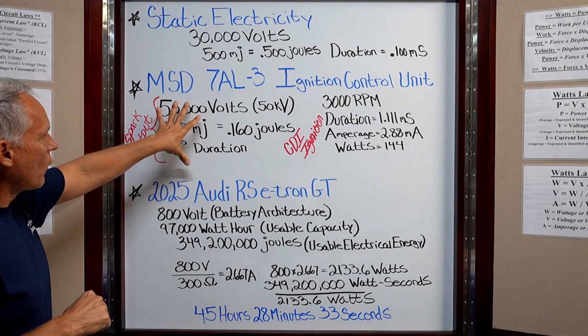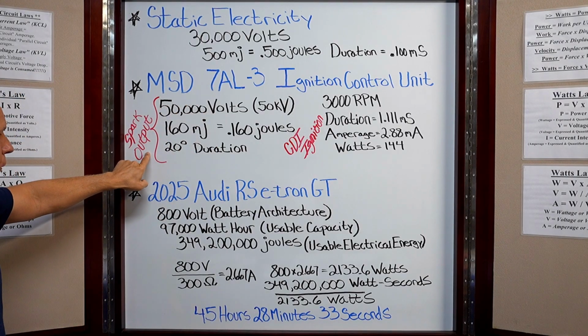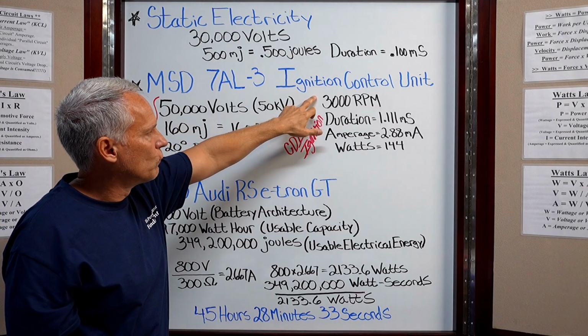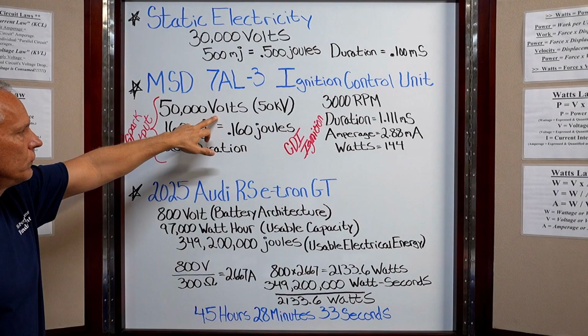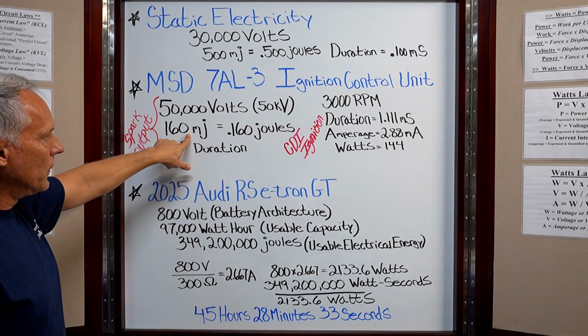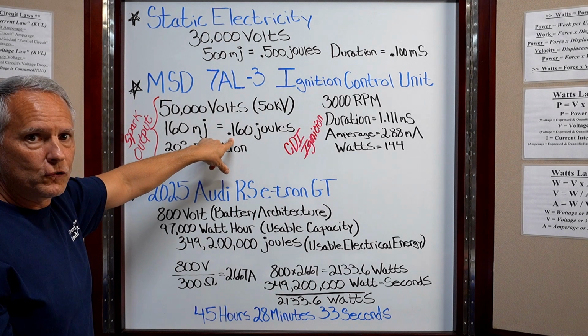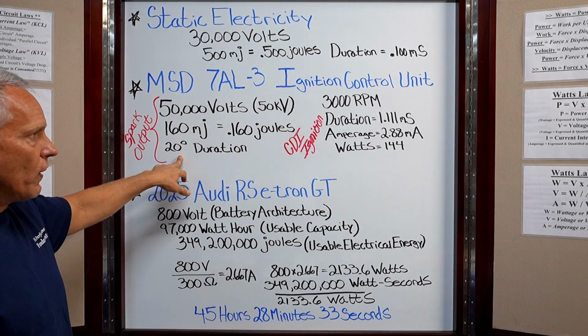And so this is off of their website, right? And they show that the spark output from the ignition coil, which is controlled by the ignition control unit, is going to have a total of 50,000 volts, 160 millijoules, once again, 0.160 watt seconds or joules, for a duration of as long as 20 degrees of duration.